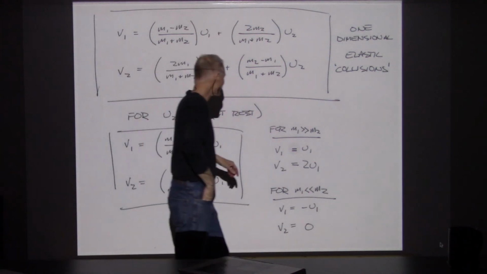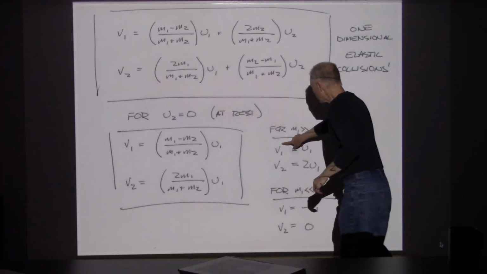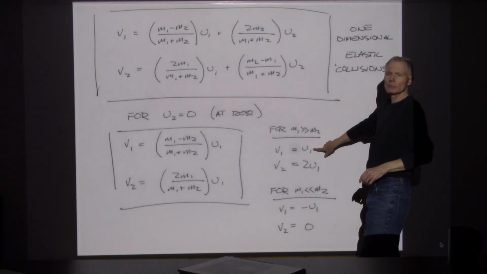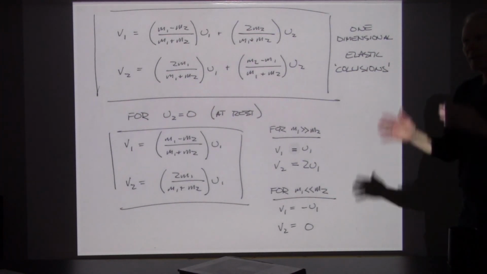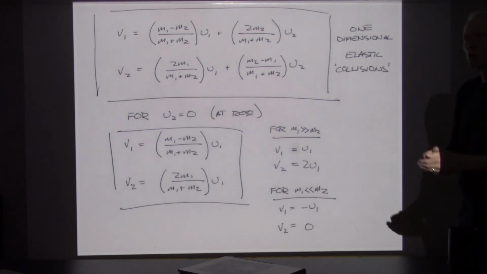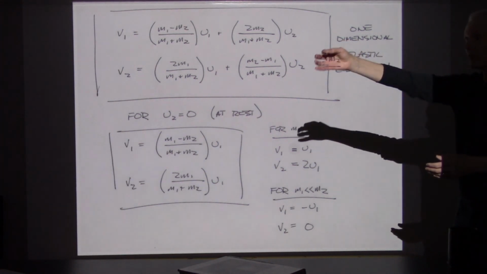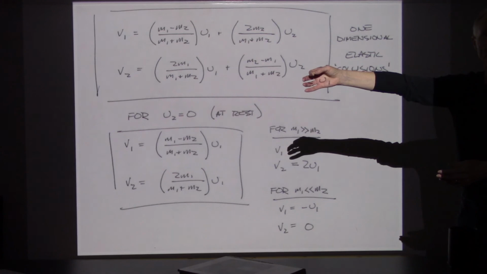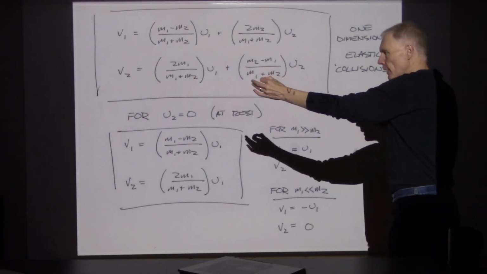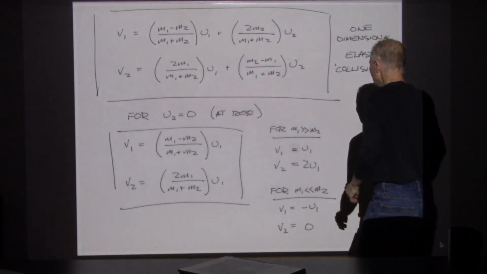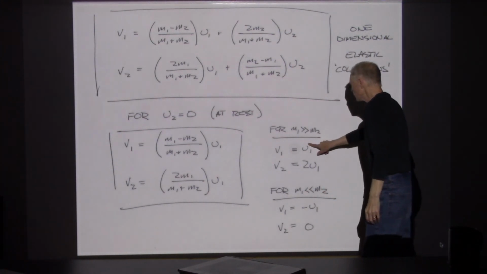Well, that says that the big object never slows down in the limit where its mass is so much bigger. This is like the semi-truck running into a mosquito along the freeway. The mosquito's just right there and the truck comes and hits it. Well, the truck doesn't slow down.